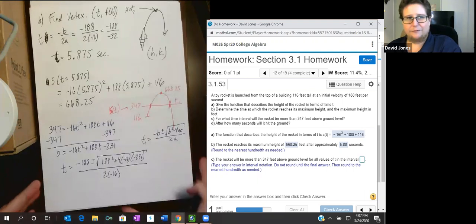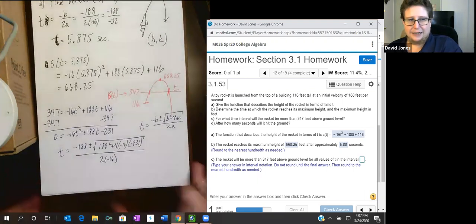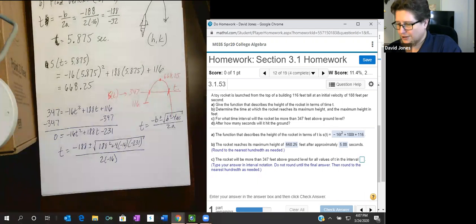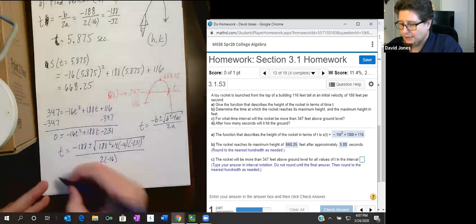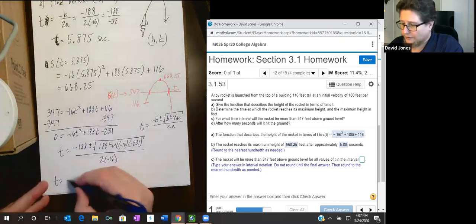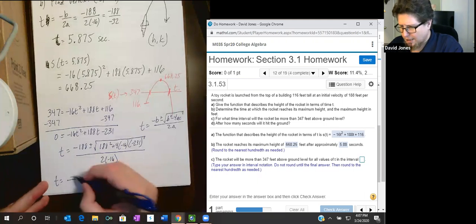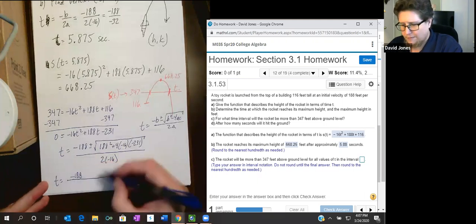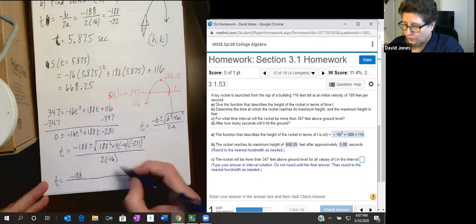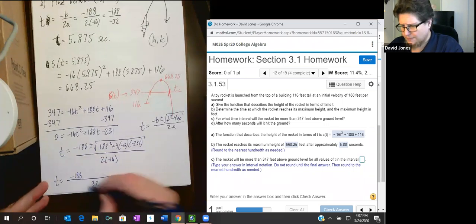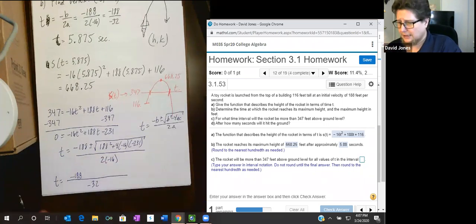Okay, this is not fun. I know why you guys don't like doing the homework. It's pain, right? Just got to take it slow. Let's do the inside of the radical sign first. I know the bottom, 2 times negative 16, is negative 32. I'll do that.